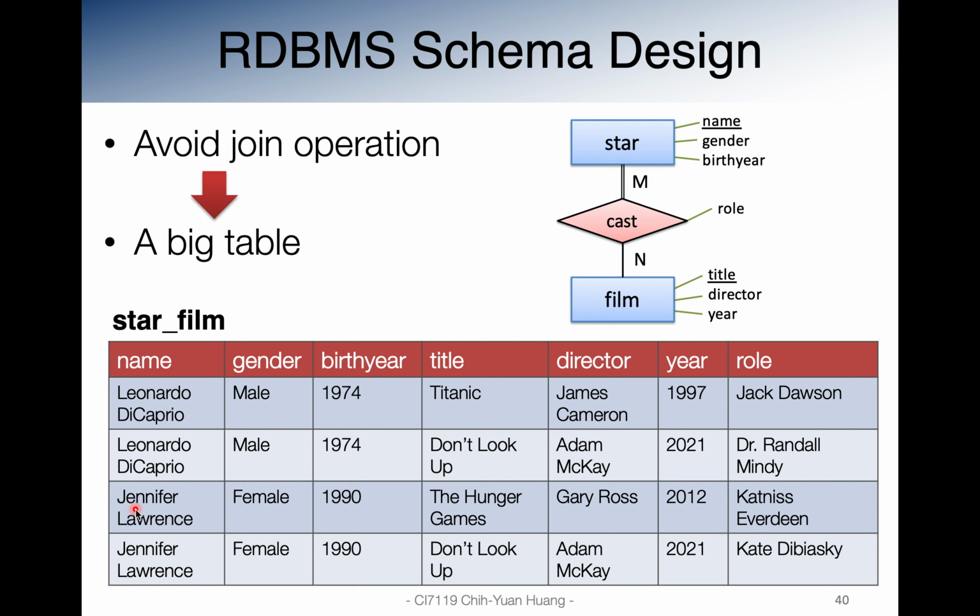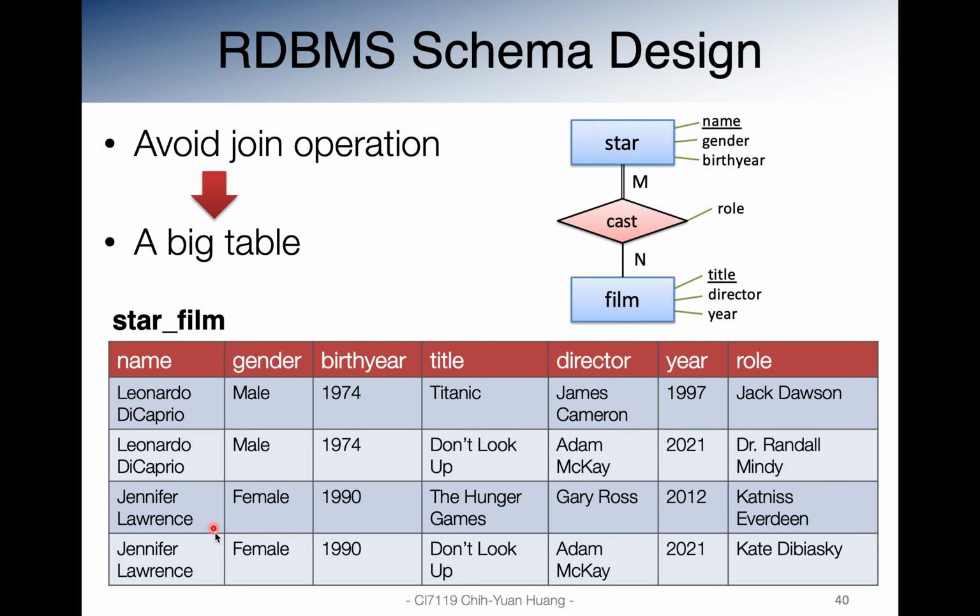You need to change this role from Jennifer Lawrence to Jennifer someone. However, instead of just changing this certain tuple, you also need to change all the tuples that represent Jennifer Lawrence.